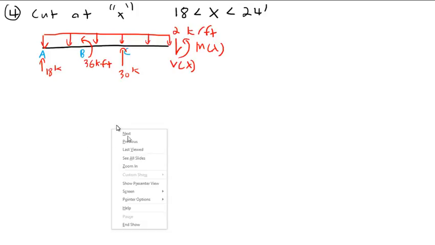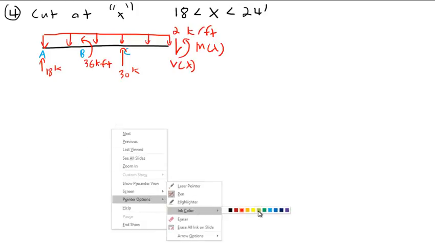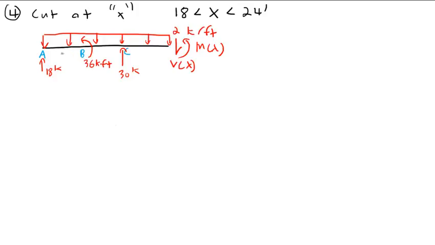And that's all the loads, and then dimensions I'll write in green. 9 feet from A to B, 9 feet from B to C, and then from our cut at X to C is going to be a distance of X minus 18. And X, again, as always, is just an arbitrary coordinate from the left.